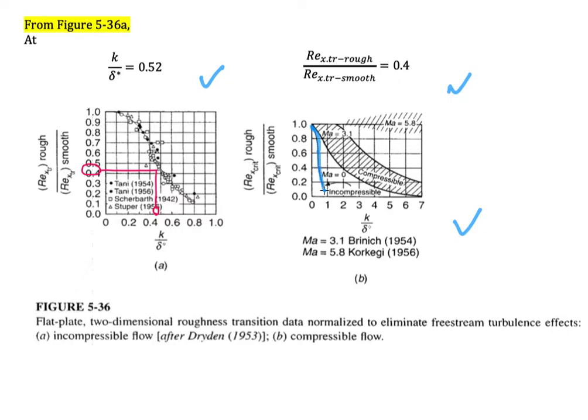You will find that if k over delta star is 0.5 and you stretch this line, it intersects at 0.4 there. So actually this line is the same, where we compact the x-axis here.